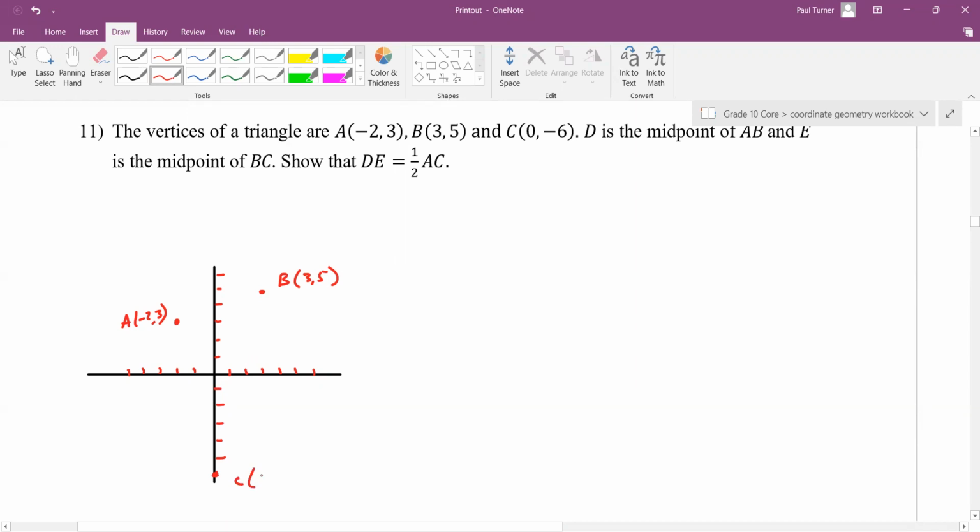So that's 0, -6. D is the midpoint of AB. I guess we should join them and make a triangle, so join your points up. Like that.